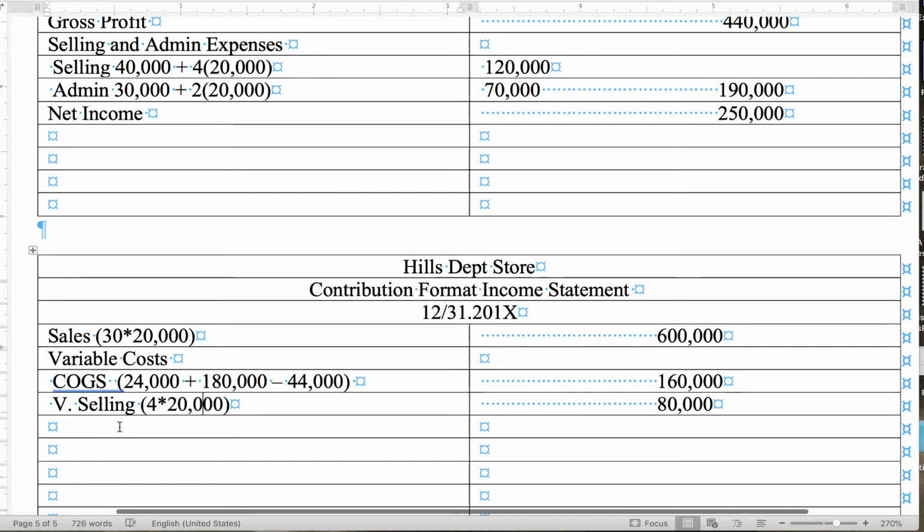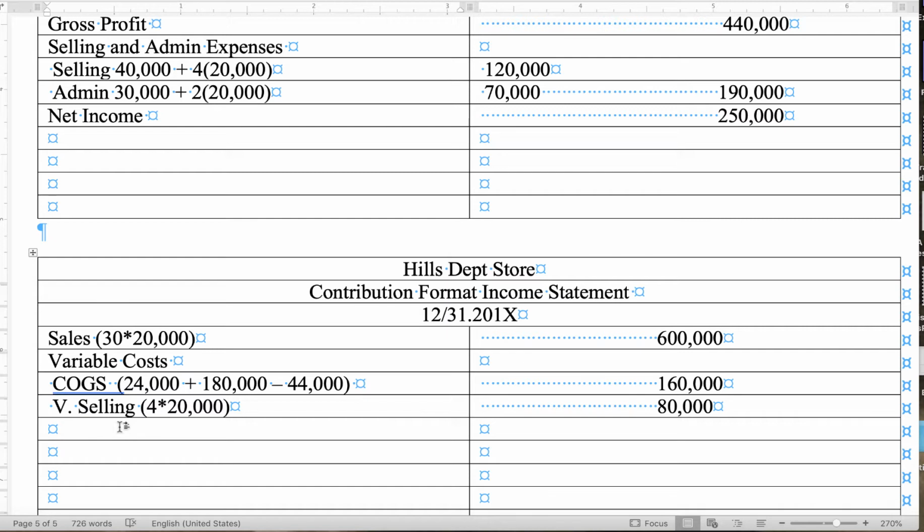Okay. The next variable expense we have is the administrative. And we know that the variable admin is $2 times the quantity, which is 20,000 units. That gives me 40,000.